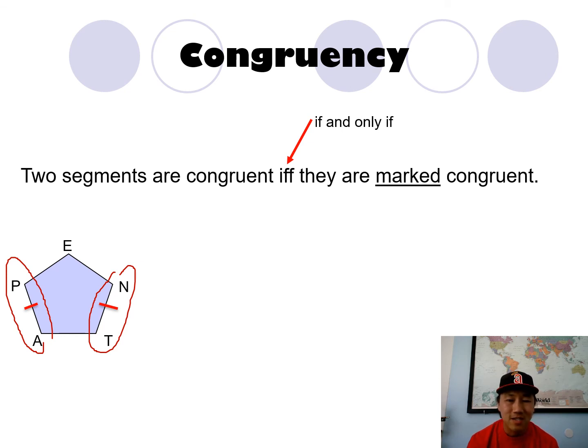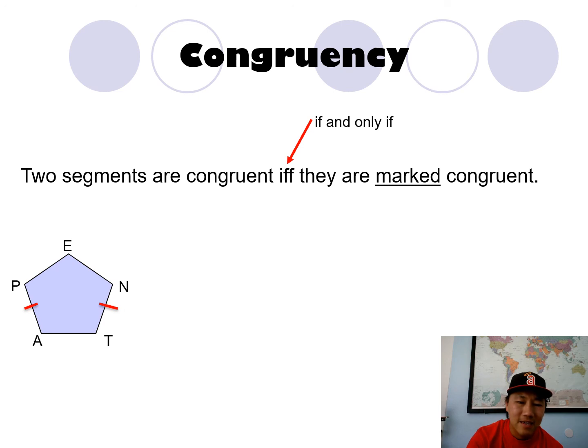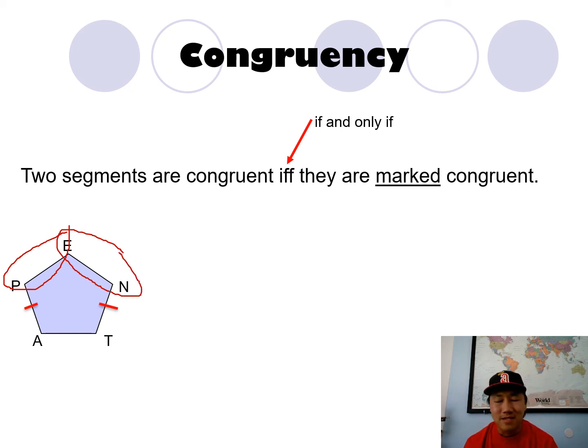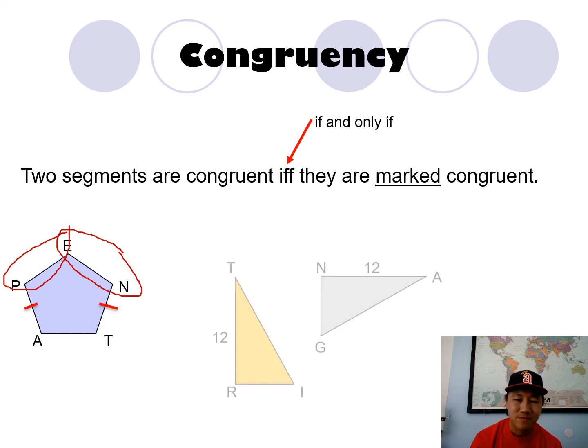They are marked equal, and so they are congruent. Even though PE looks the same as EN, because they are not marked, they are not congruent. So again, you can only say that they are congruent if they are marked.